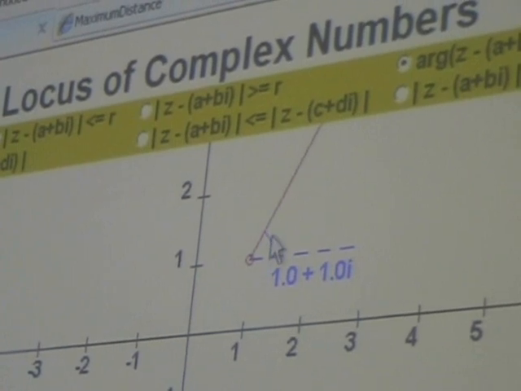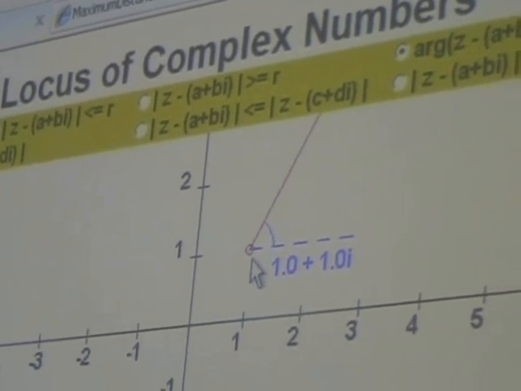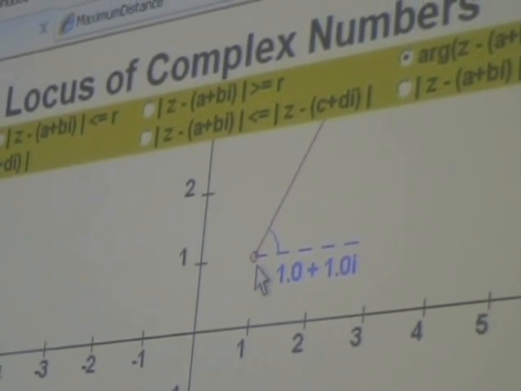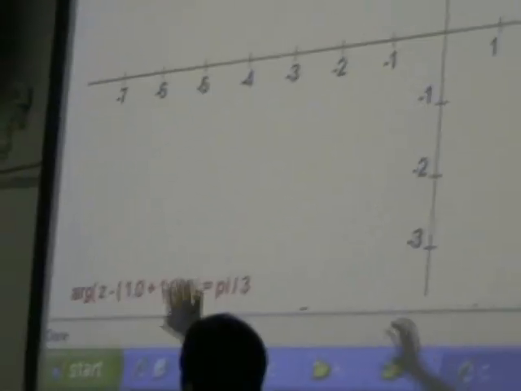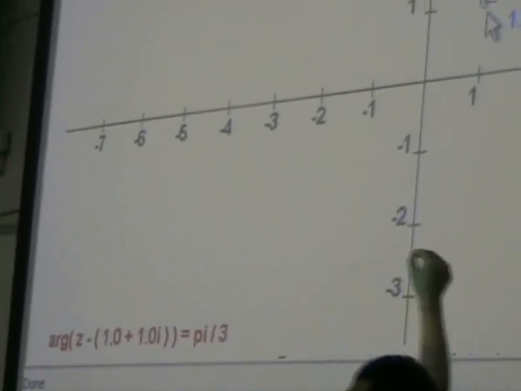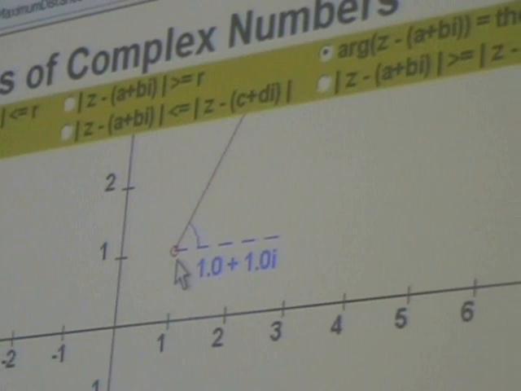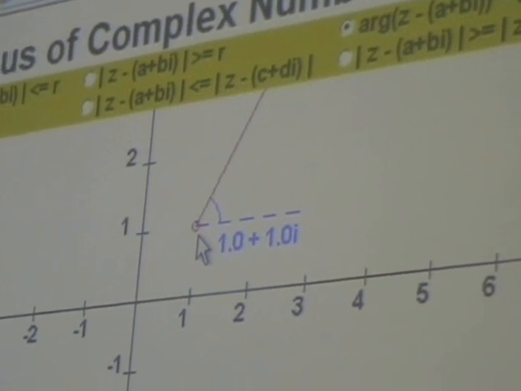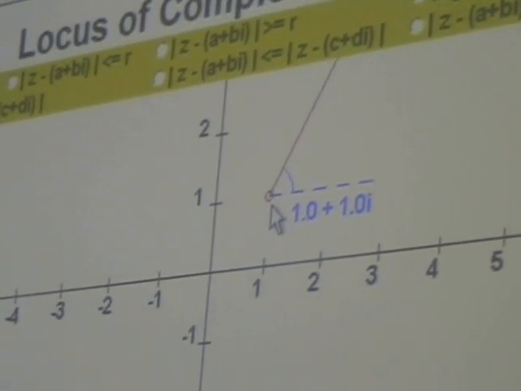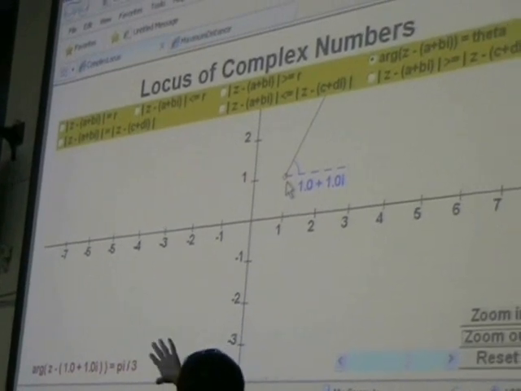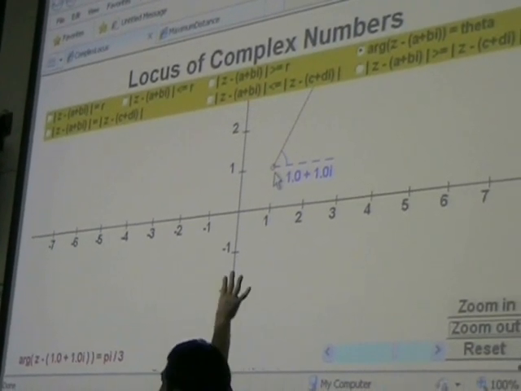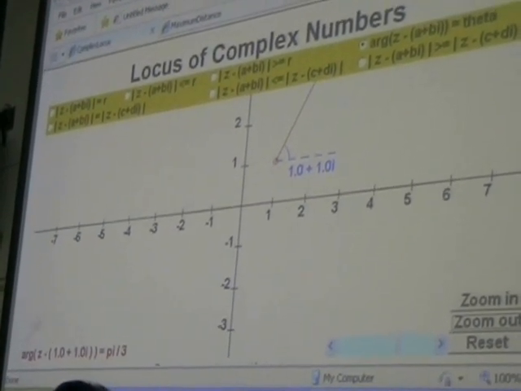I measure the argument from the point 1 plus i. So the equation looks like argument z minus 1 plus i equals 60 degrees, pi over 3. Everyone can see how I get all these forms. Just start from the origin, do some transformation, shift it somewhere else, and the equation becomes like this.